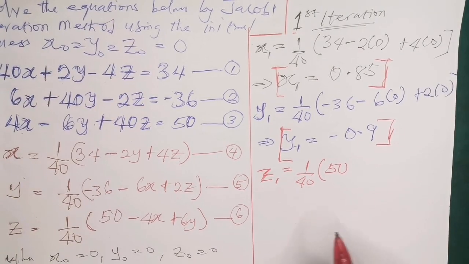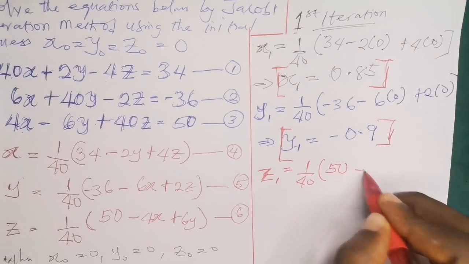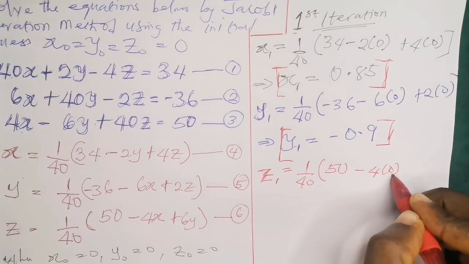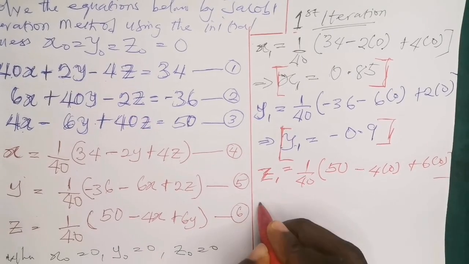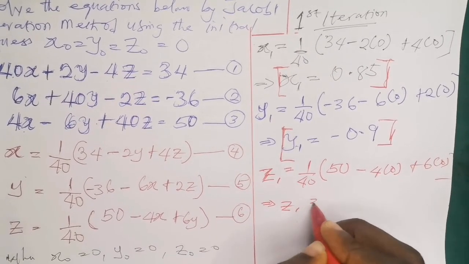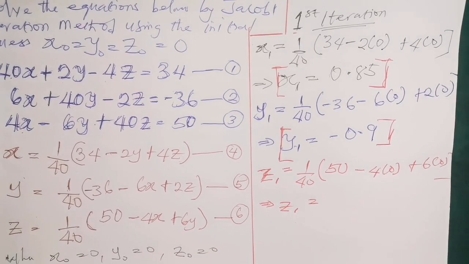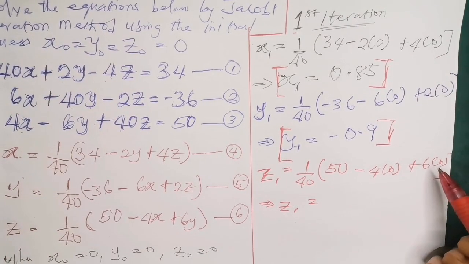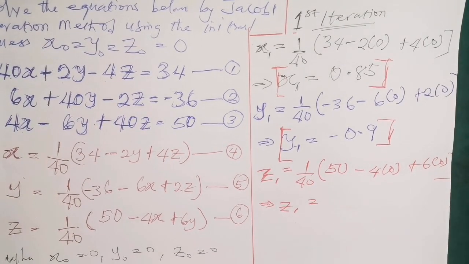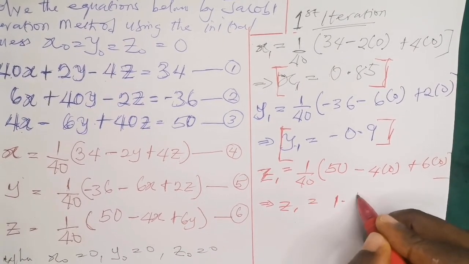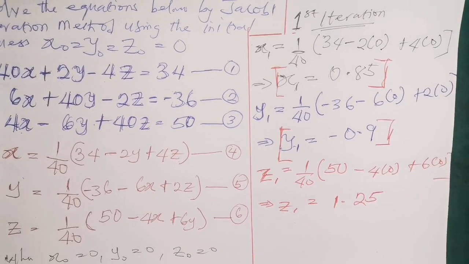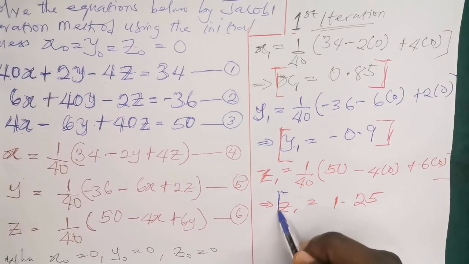So that becomes minus 4 times 0, plus 6 times 0, and you simply have this. So this implies that z1 is going to be equal to, so let's obtain that result. Again, 4 times 0 is 0, 6 times 0 is also 0. So you simply have 50 divided by 40 left there. So 50 divided by 40 simply gives us 1.25. So we have the first iteration value of z to be 1.25. Okay, so you keep this result.